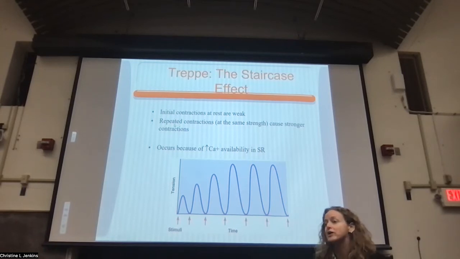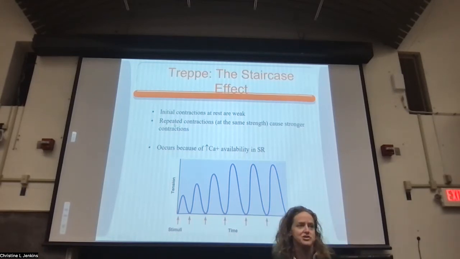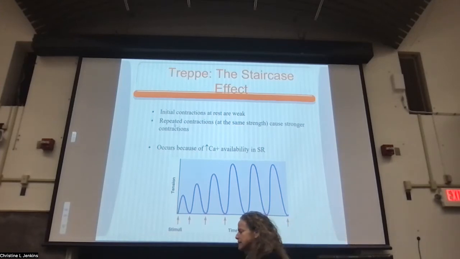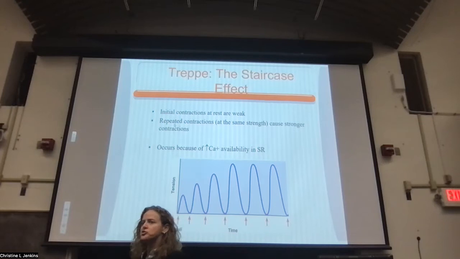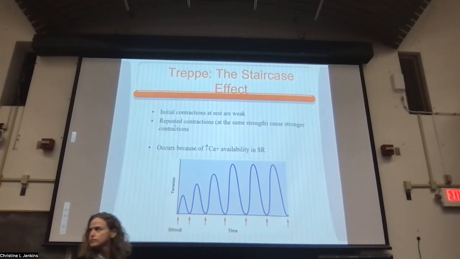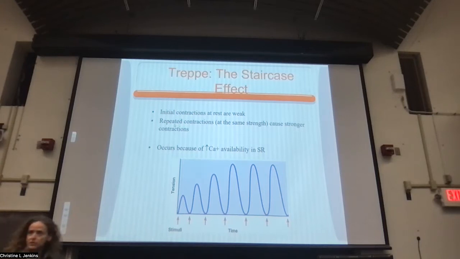With more calcium, I can do more cross bridging and more contraction. The Treppe effect simply states that our initial first contractions are weaker, but successive ones can get stronger because we have more calcium available.